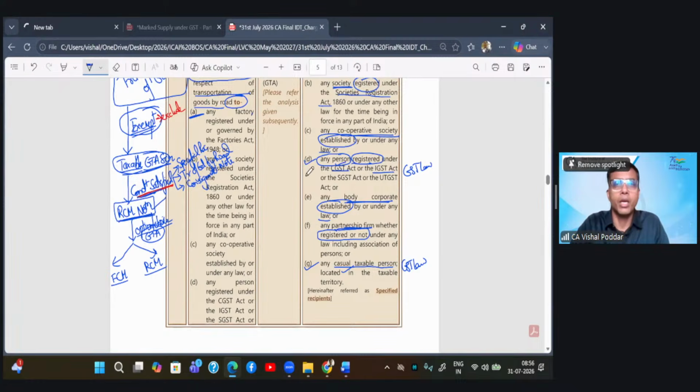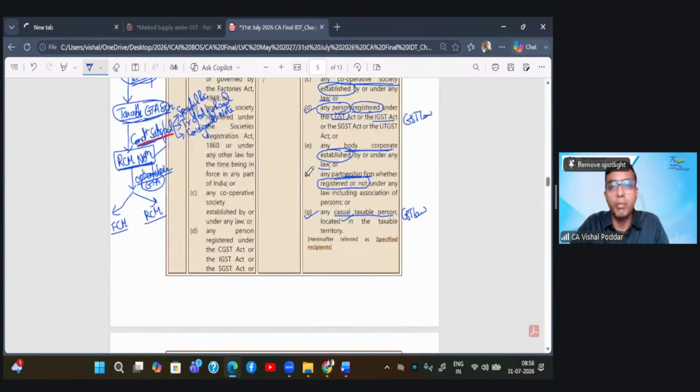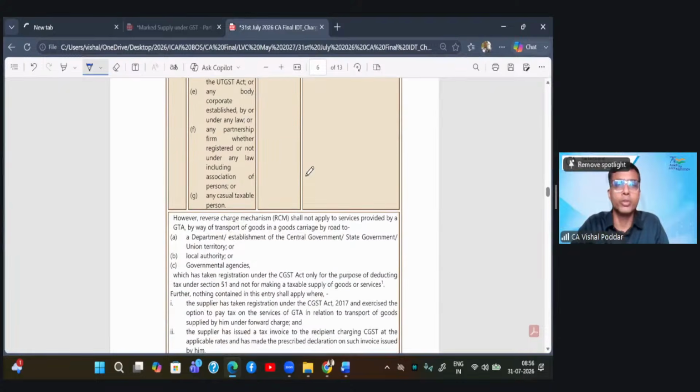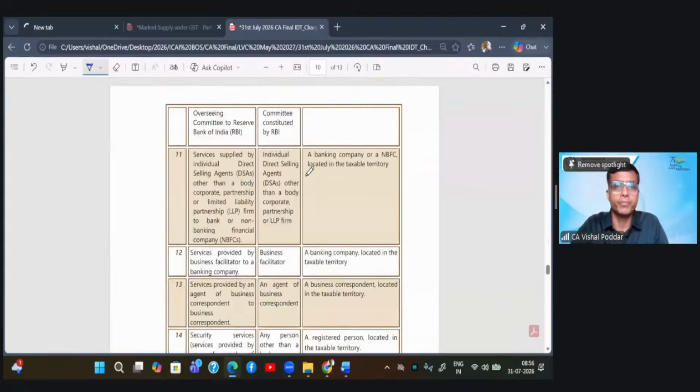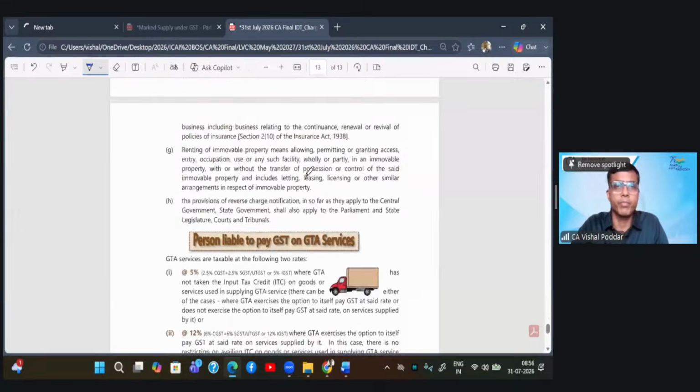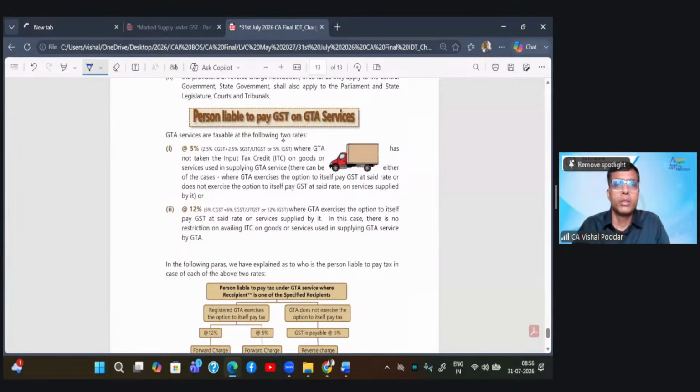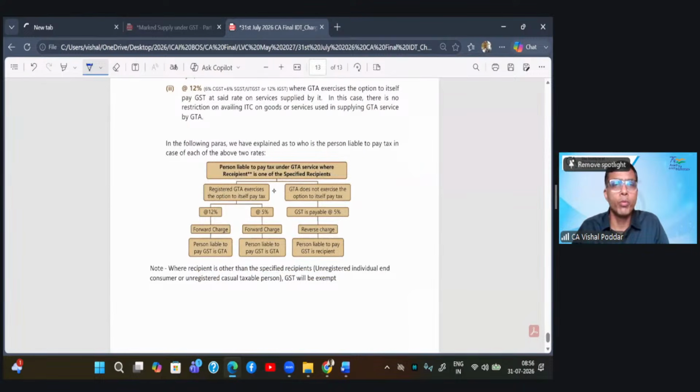But as I said, the RCM notification is not making it compulsory for you. It is giving you a choice. The choice is that you can exercise the option of paying the tax yourself, that is FCM, or you have the option of not paying the tax yourself, which is RCM.